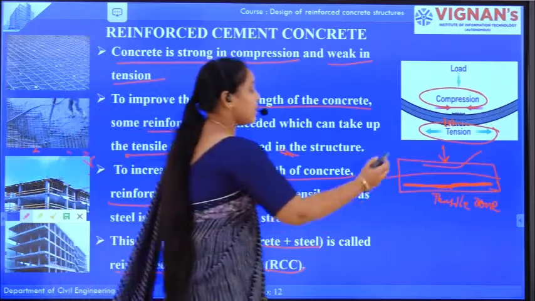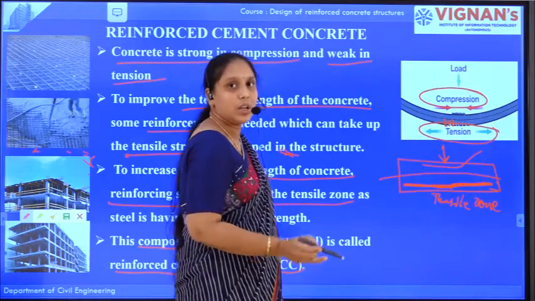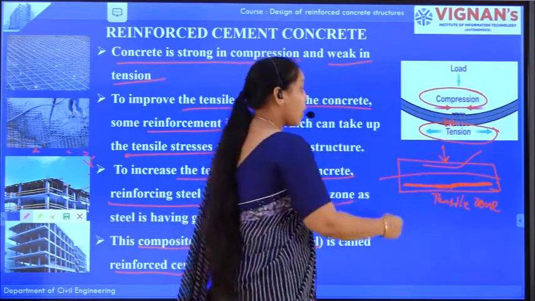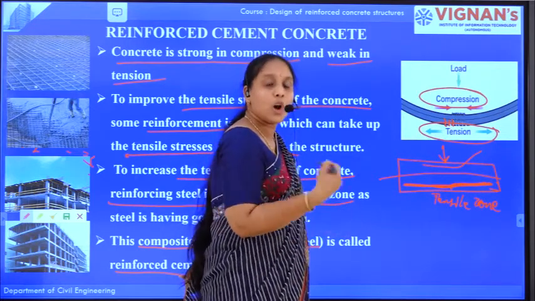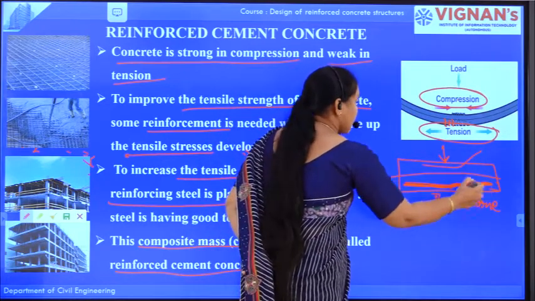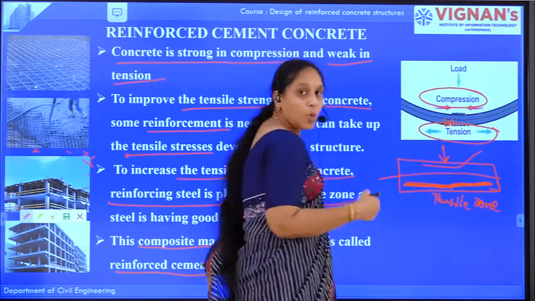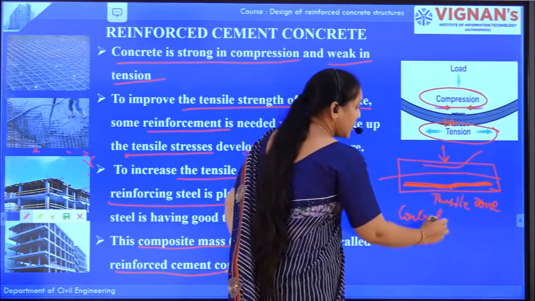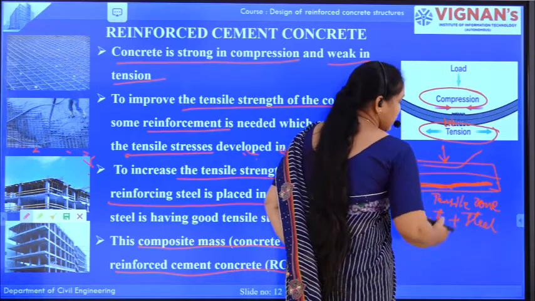Previously this was only plain cement concrete. We don't have any reinforcing steel, and that is the reason why it is strong in compression and weak in tension. Now, to make this plain cement concrete stronger in tension also, we are introducing the reinforcing steel. So we have two materials here: one is the concrete and the other is the steel.